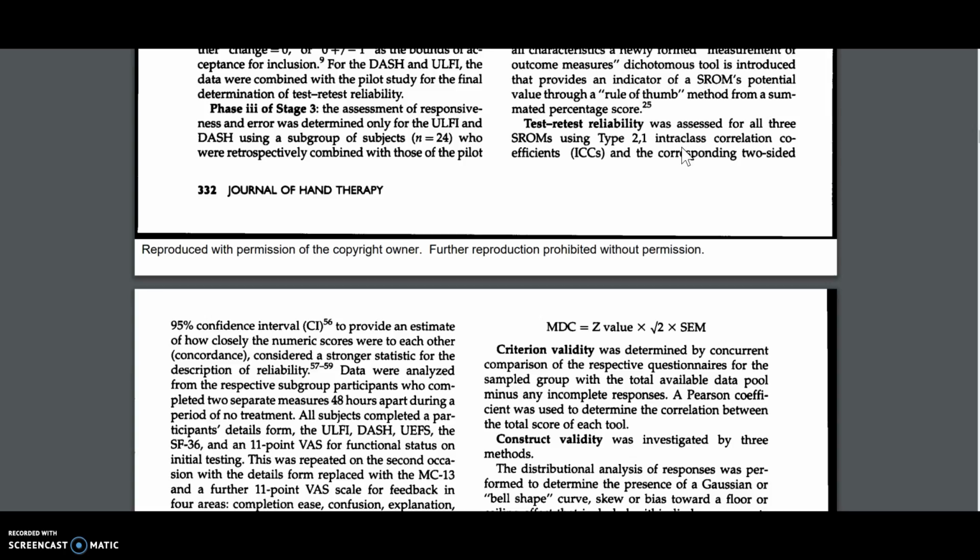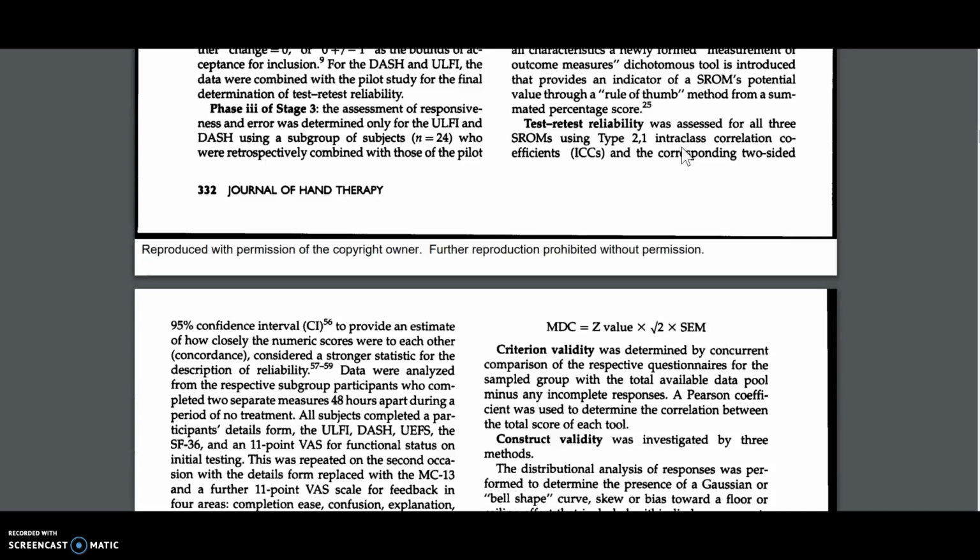In plain terms, if you're looking at reliability, one of the ways to test test retest reliability using inferential statistics is the intra-class correlation coefficient, and that is exactly what they did.